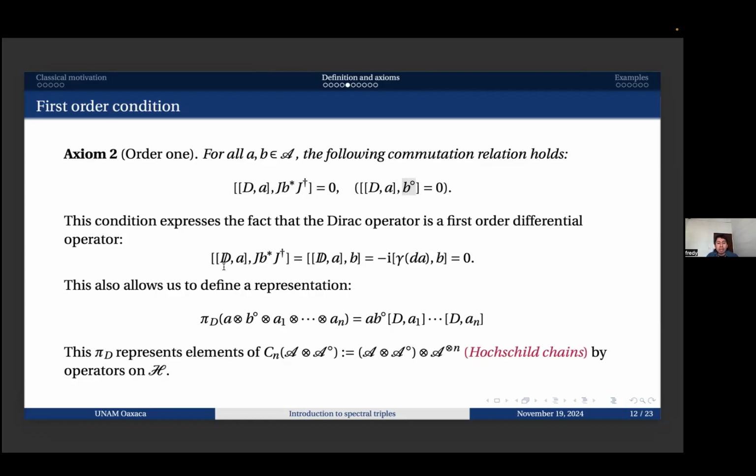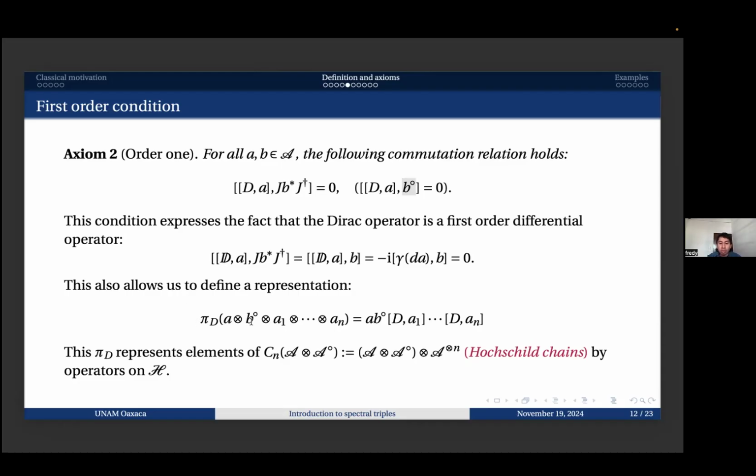In the classical case, this condition expresses the fact that the Dirac operator is actually a first order differential operator.